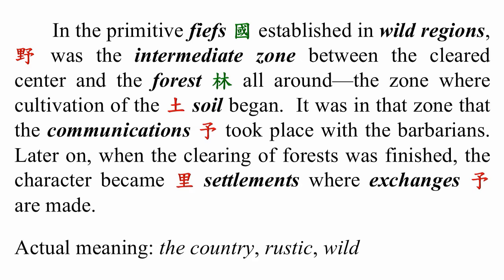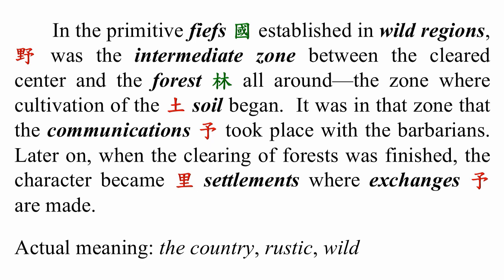In the primitive fiefs, guo, established in wild regions, ye was the intermediate zone between the cleared center and the forest, lin all around, the zone where cultivation of the soil, tu, began.